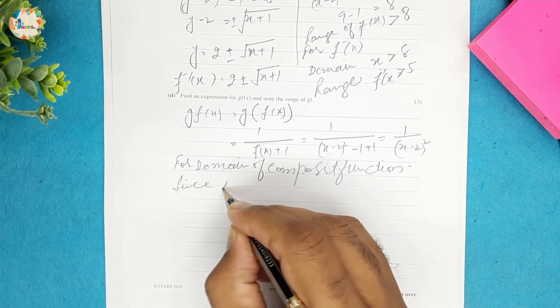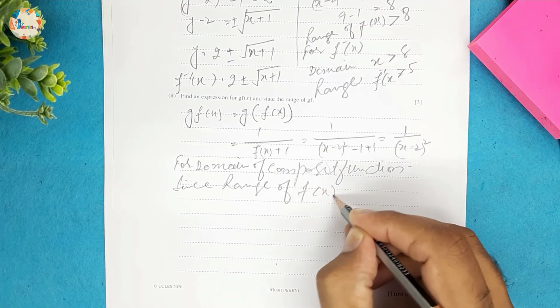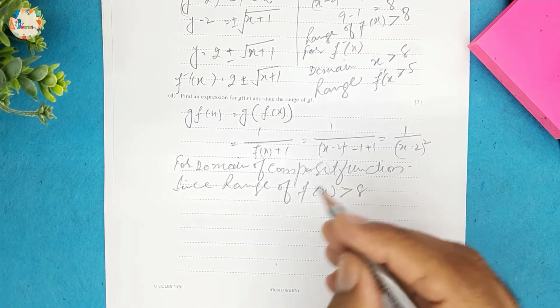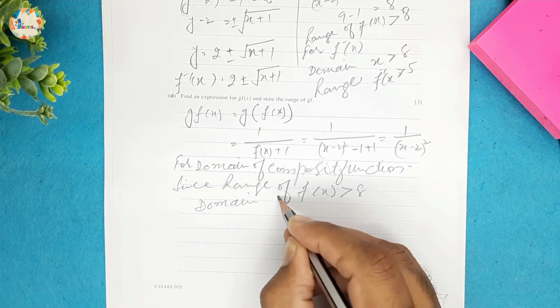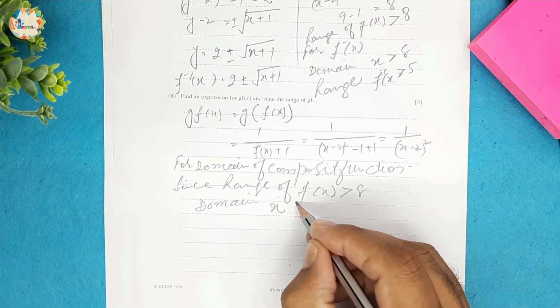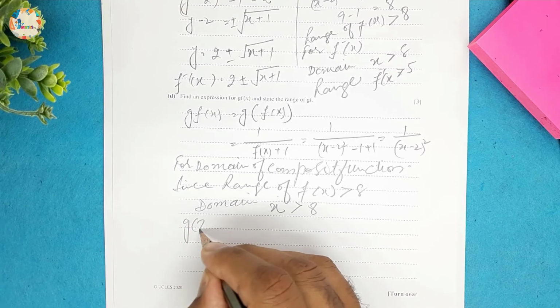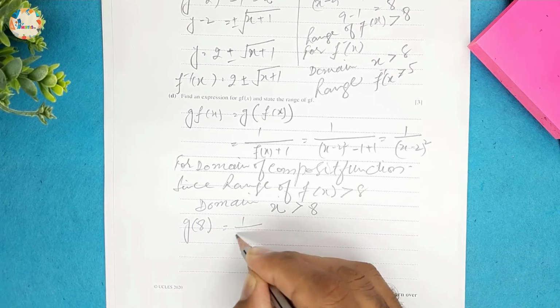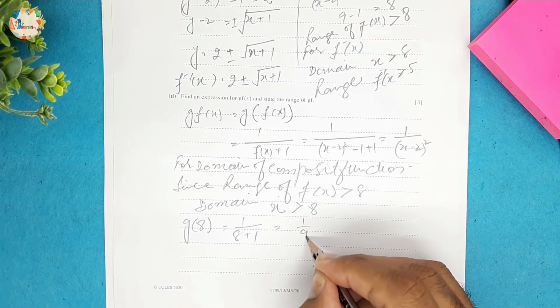Since the range of f of x is greater than 8, the domain of this composite function will be x greater than 8, and g of 8 we will find, which is equal to 1 over 8 plus 1, which is basically 1 over 9.